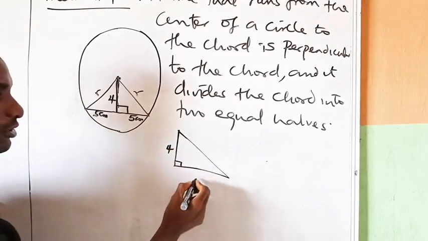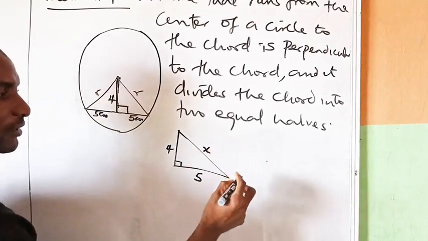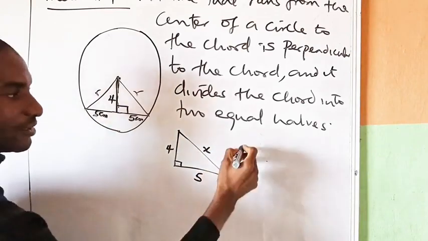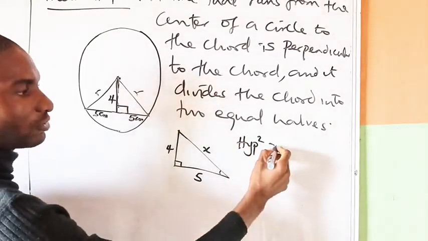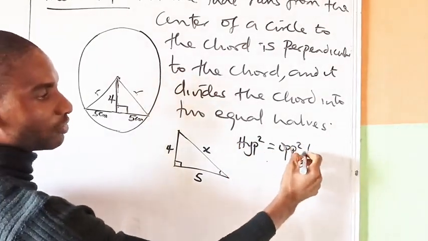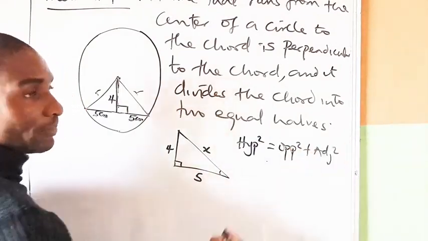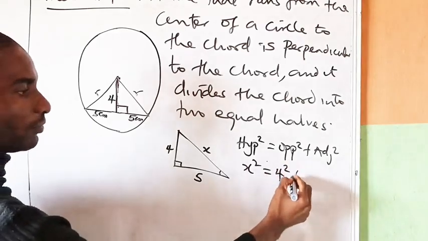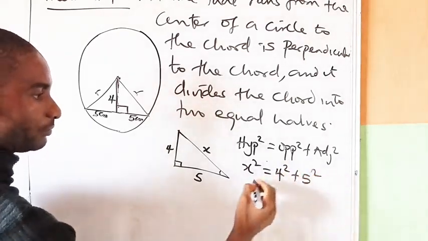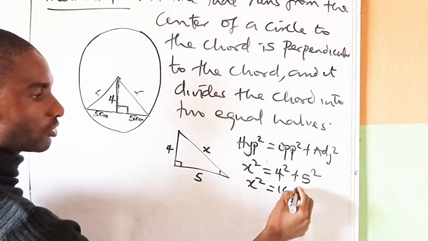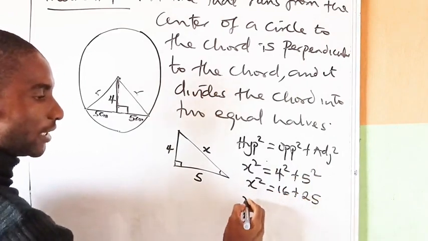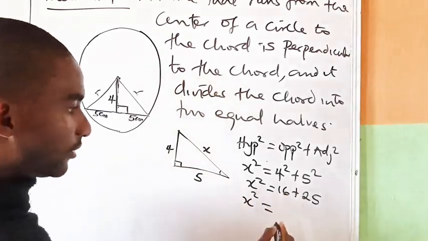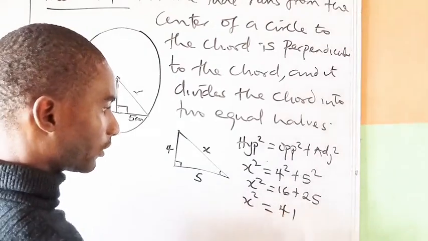You have 4 here, you have 5 here, you have x here. This is the hypotenuse, this is the opposite, this is the adjacent. So you are going to use hypotenuse squared equals opposite squared plus adjacent squared. That is Pythagoras theorem. So that's going to be x squared equals 4 squared plus 5 squared. x squared equals 16 plus 25, and your x squared is going to be 41.